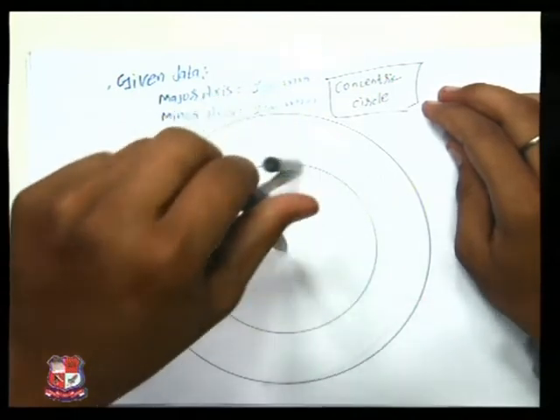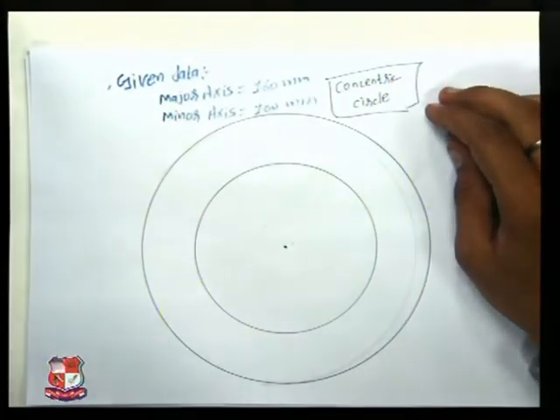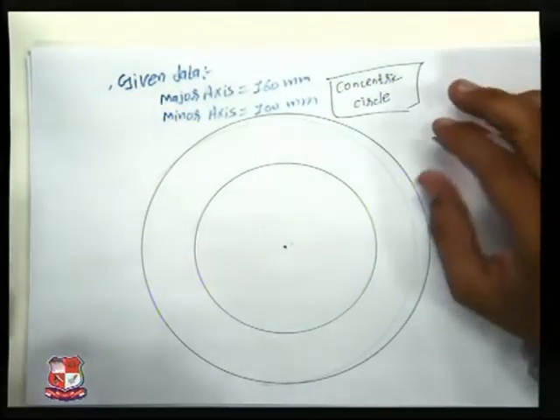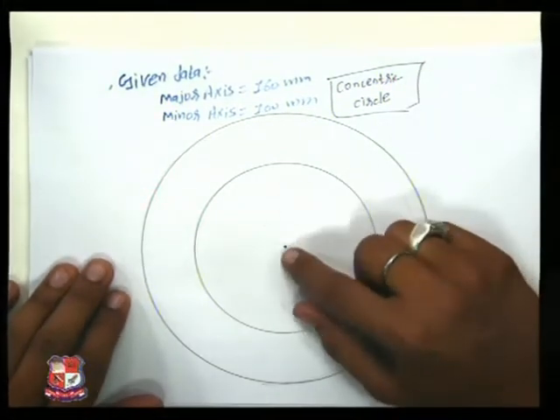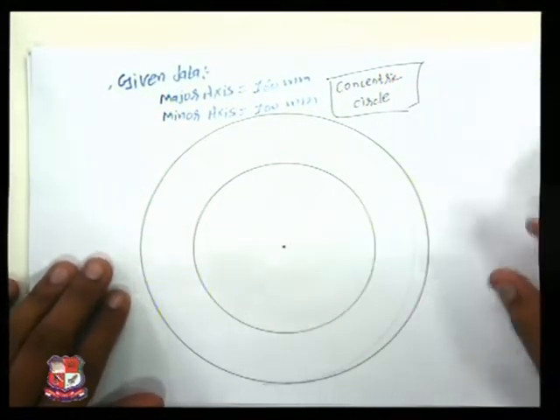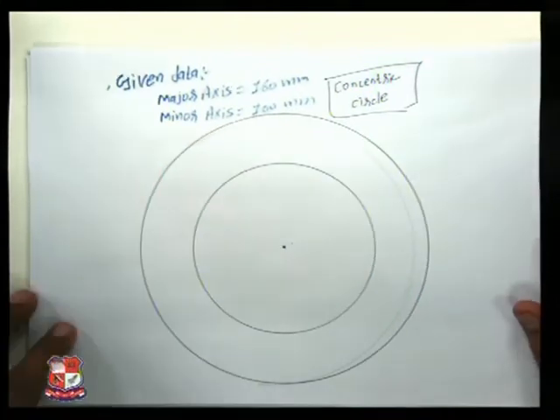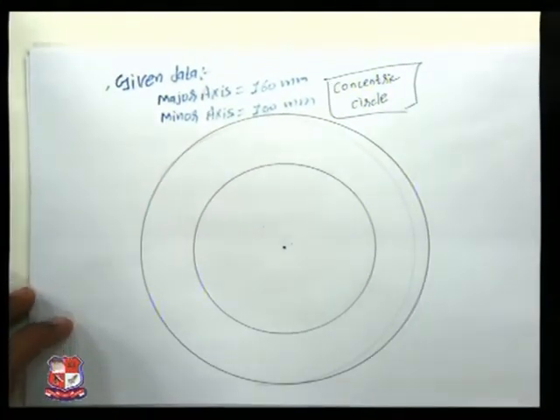Inner circle is of 50 mm. We have got these two circles which are concentric. Their center is same. Now we need to divide this circle into 12 equal parts.